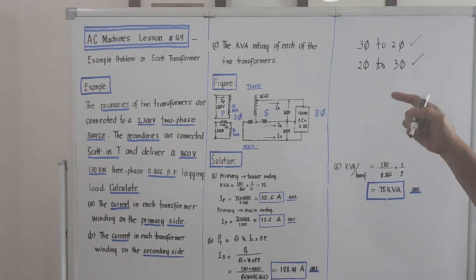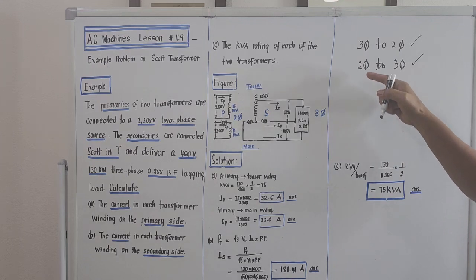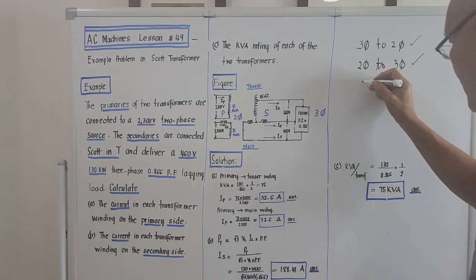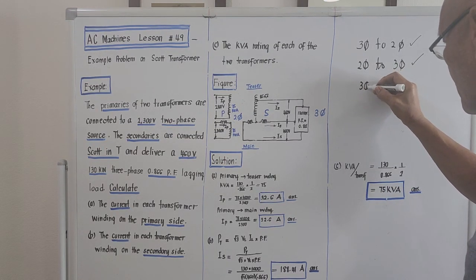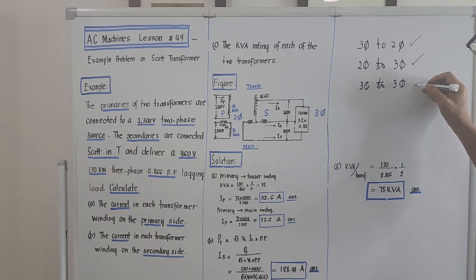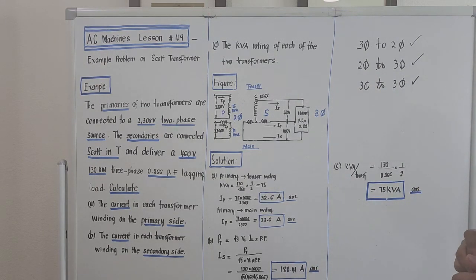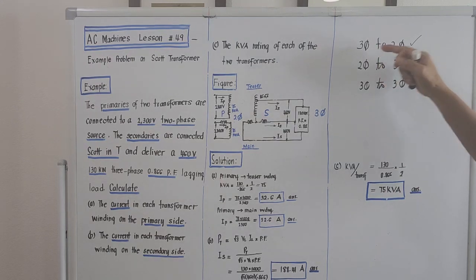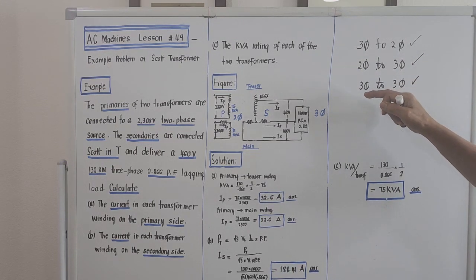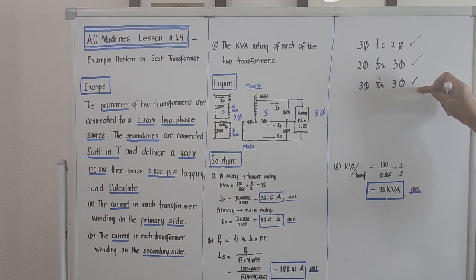A problem involving the connection two-phase to three-phase, because the SCOTT transformer actually has three functions. It can convert three-phase to two-phase, it can convert two-phase to three-phase, and it can convert three-phase to three-phase.